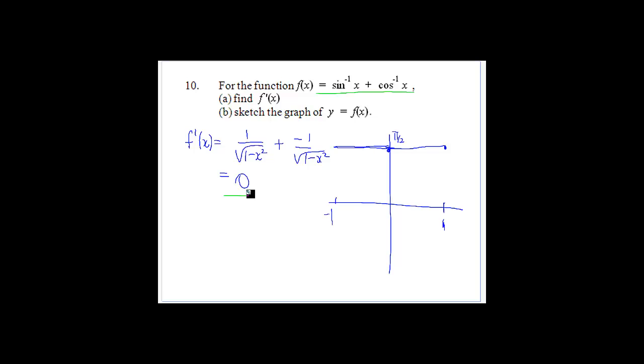So what horizontal line is that? Well, it's going to be the same value no matter what you put in. So if you substitute 0 in, or 1 in, or minus 1, you're going to get a situation where it'll be equal to pi on 2. We'll put 0 in there: inverse sine of 0 is 0, inverse cos of 0 is pi on 2.